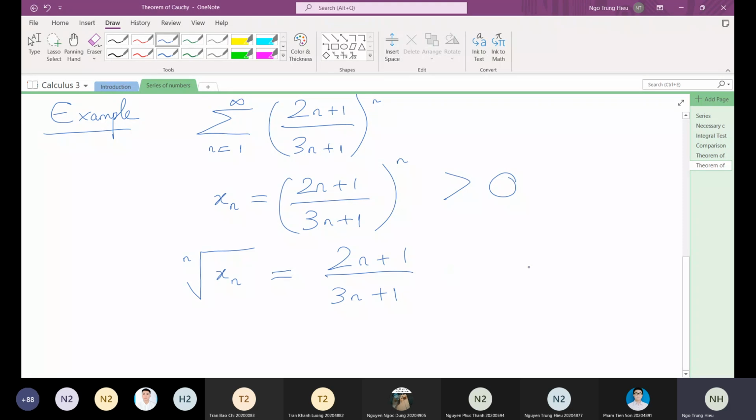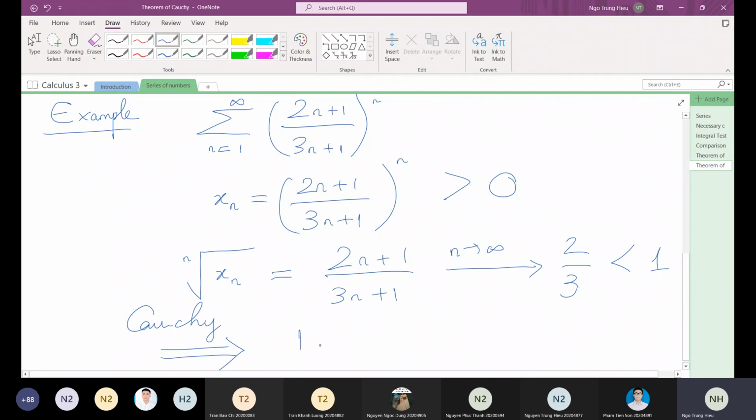When n goes to infinity, it goes to 2/3, and this limit is less than 1. So by the Cauchy theorem, we conclude that the series converges. So this is an example of how to use the Cauchy theorem.